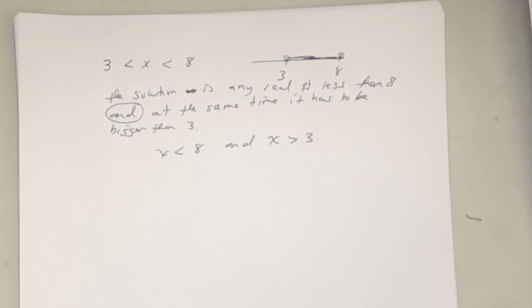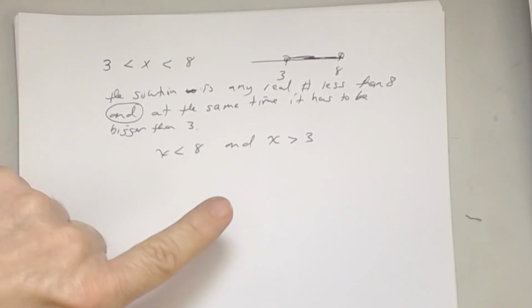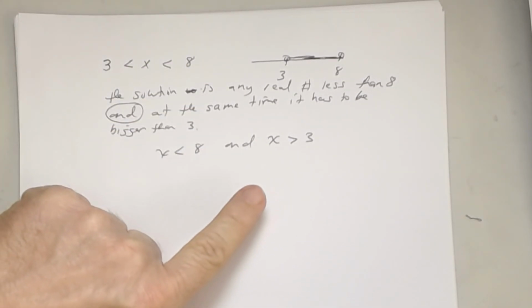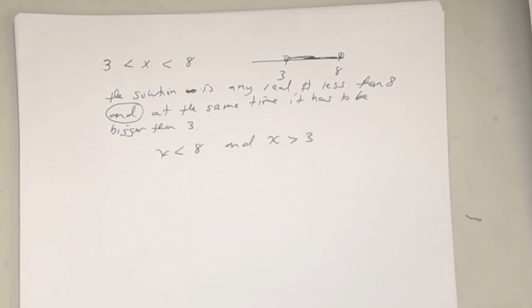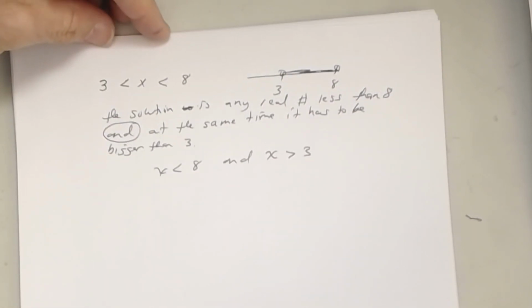So the compound statements on that test that you had to graph were and statements. Compound statements where x is between two numbers are compound statements with the word and.